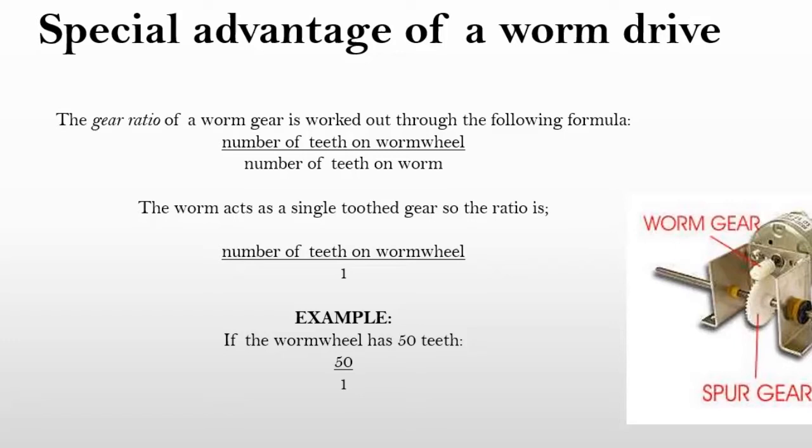The number of the teeth on the worm may be 1 or 2, but the number of the teeth on the worm wheel is 50 or 60. So it can give you a big gear ratio. That is the special advantage of this worm drive.